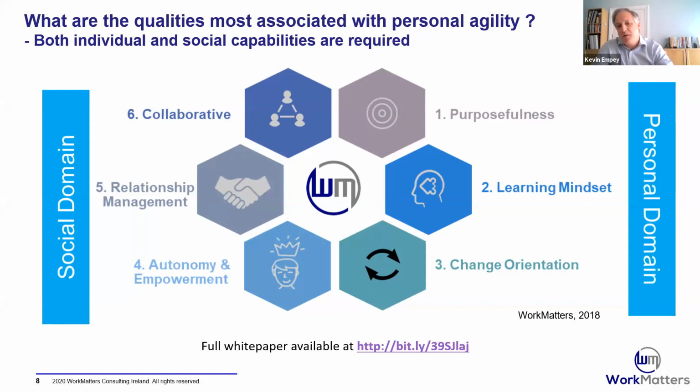So that's what we spent almost 2 years researching: the specific skills associated with individual agility and personal agility. And we asked organizations home and abroad and far and wide, big companies, small companies, give us examples of individuals and what they did in order to thrive in this sort of agile working environment.